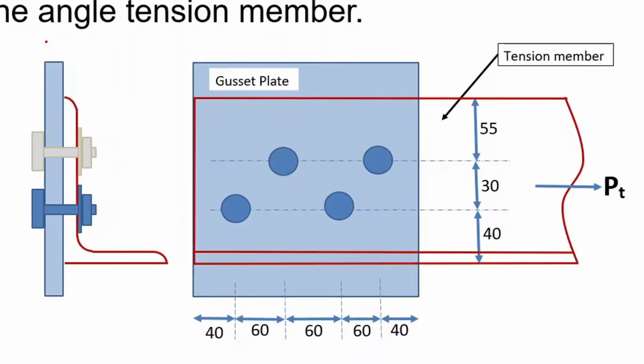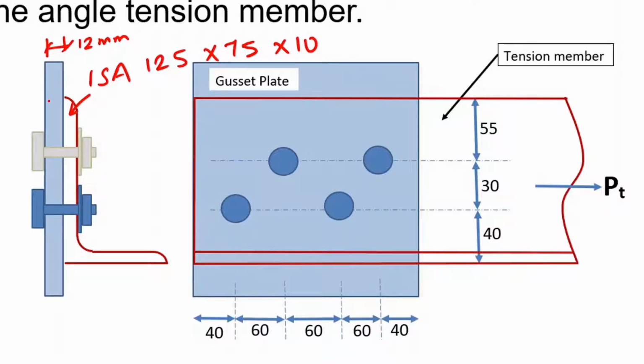This is the 12 mm thick gusset plate. The angle, ISA (Indian Standard Angle) 125 by 75 by 10 mm, is connected to the gusset plate, and it is given that the long leg is connected to the gusset plate.